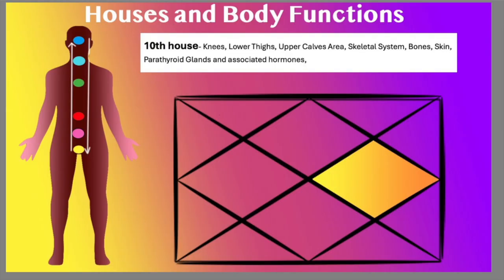And in terms of the brain organ representation, it is responsible for all these things: parathyroid glands and the associated hormones of that. Because those are the places in the brain, and those particular organs are responsible for this particular area. Yes, that's the 10th house.